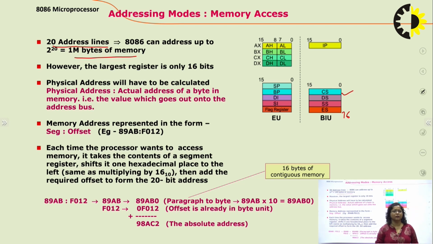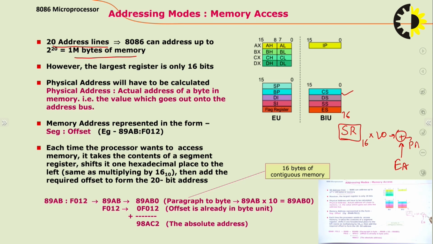So we have to calculate the 20-bit physical address using 16-bit segment registers and an offset, that is the effective address. So the physical address calculation is segment register value, which is 16-bit, multiplied by 10 plus effective address, which generates the physical address.